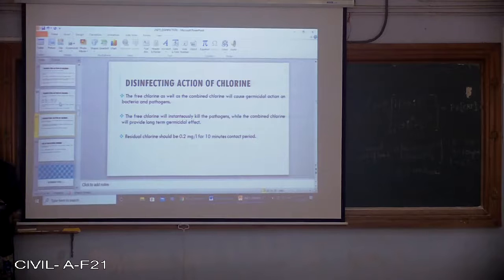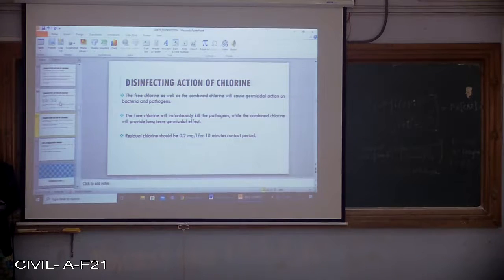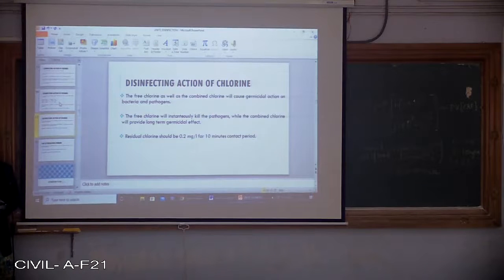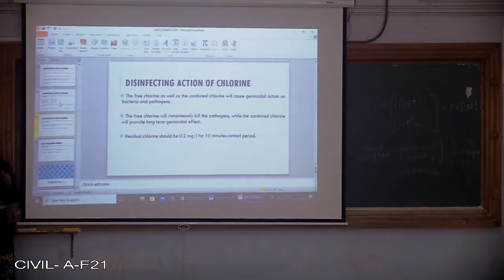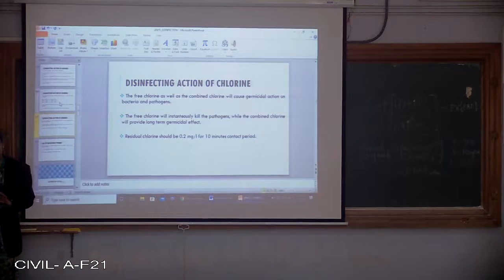Disinfecting action of chlorine. Further, the free chlorine as well as the combined chlorine will cause germicidal action on bacteria and pathogens. So whatever disease-causing bacteria or pathogens are present in the drinking water will be removed by the free chlorine as well as the combined chlorine. So this is how the chlorination process is seen in drinking water disinfection.